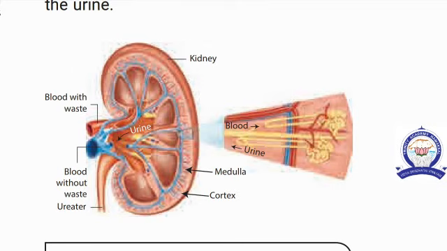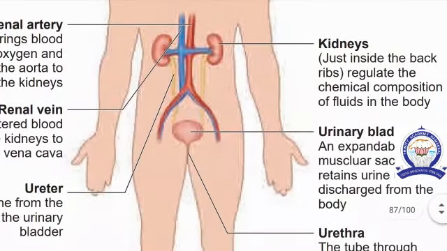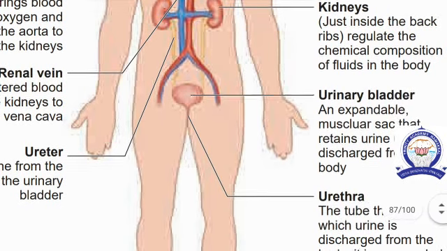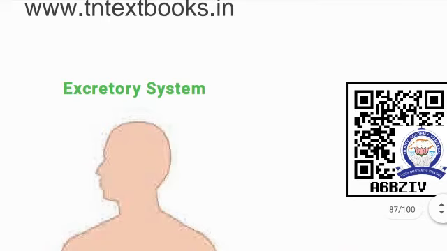It is connected with the renal artery and vein and filters the blood to form urine, which passes out through the ureter and is temporarily stored in the urinary bladder, then passes out through the urethra. So this is the excretory system of human beings.